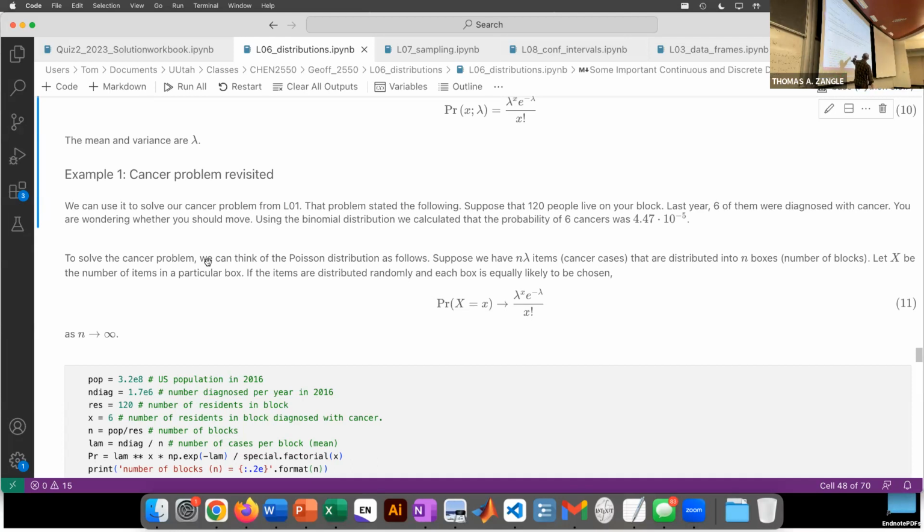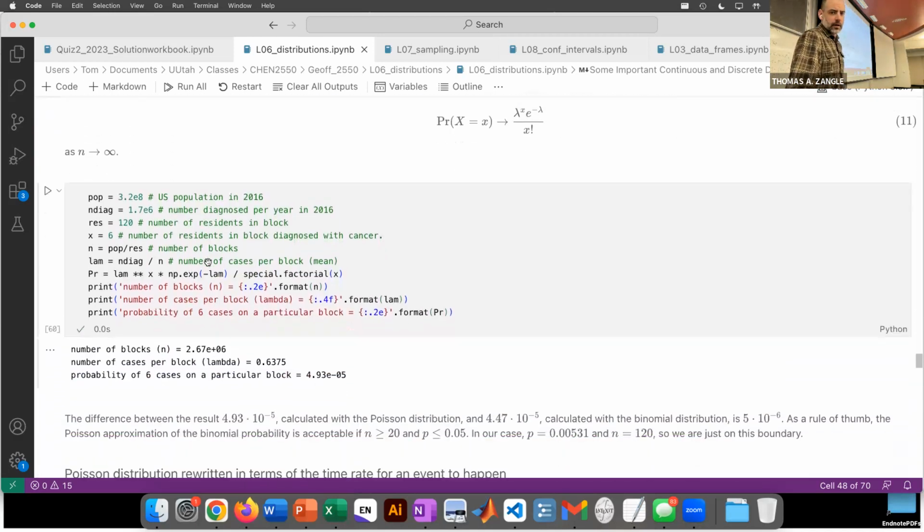We look for the probability of 6 cancer cases, and we'll see that it can be approximated using the Poisson distribution. This will be true as n goes to infinity, and an n of 120 is starting to get relatively large. We'll put better bounds on what large means, but we'll see what answer we get if we approximate this with Poisson.